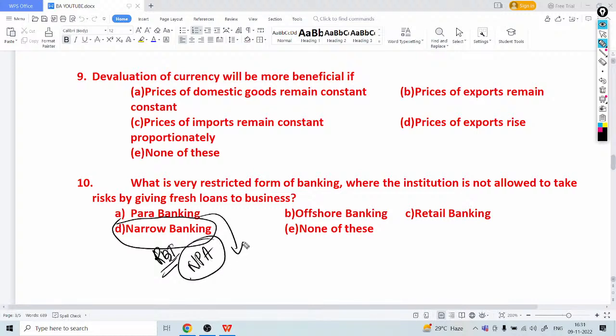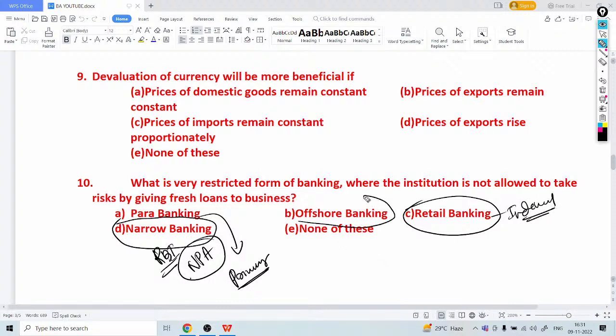Okay, what is para banking? If a bank provides services other than its primary services, that's called para banking. Okay, what is retail banking? If a bank provides services to individual customers, that's called retail banking. Offshore banking, if a bank provides services for foreign transactions or export, that's called offshore banking. Got it?